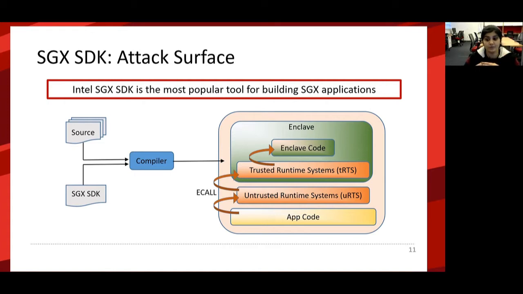Similarly, when the enclave wants to use a functionality from outside, say it wants to make a system call, it makes a function call which is called an oCall. It follows the same path, just in the opposite direction. So this interface between the trusted and the untrusted systems, which consists of the TRTS and URTS, is the specific attack surface that we are targeting, and a lot of attackers have been targeting as well.